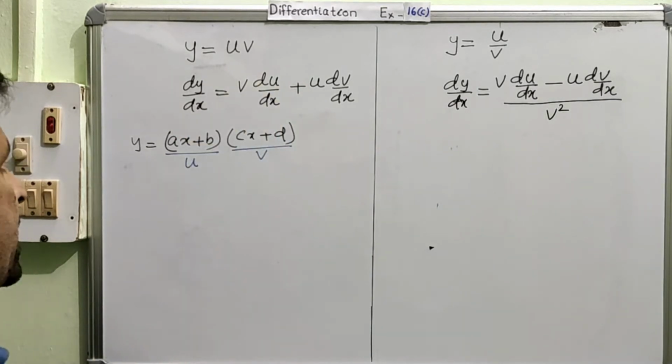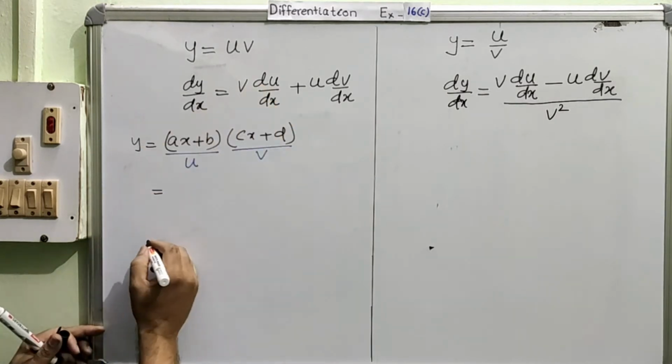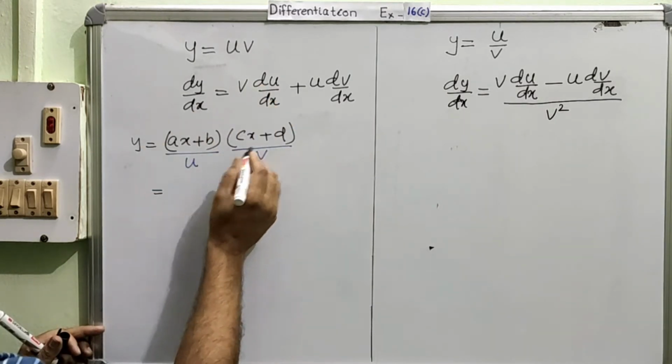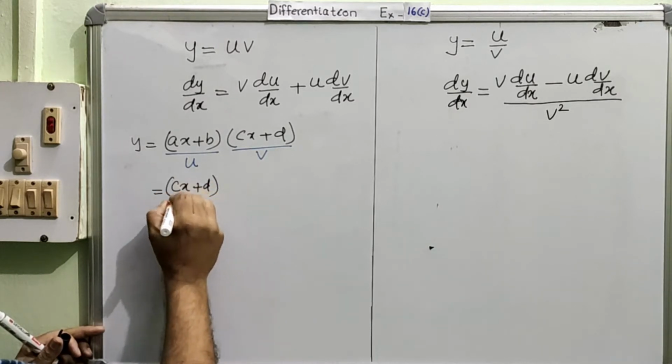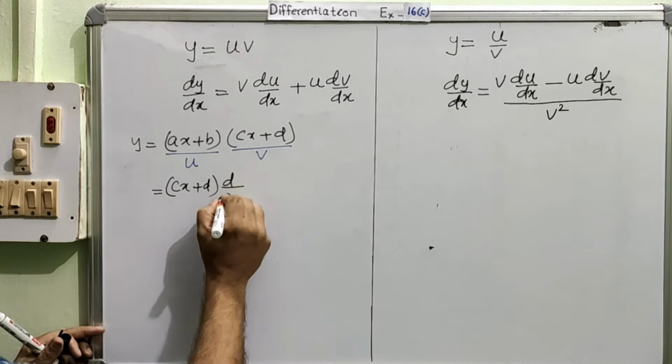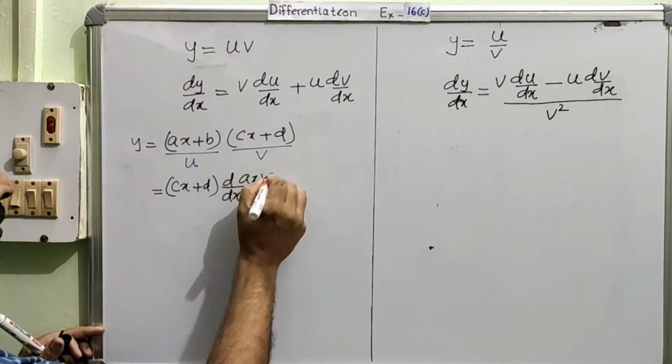So we will differentiate now. First of all, we are differentiating u, so v will be kept silent. cx plus d is silent, and then the derivative of the first function u, that is ax plus b.